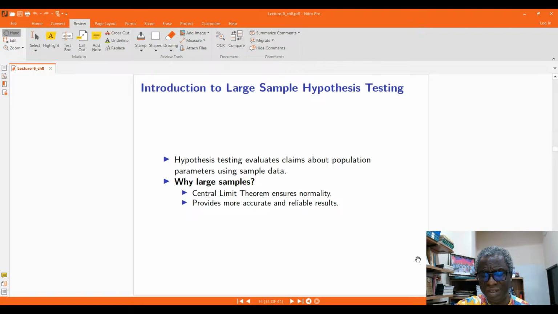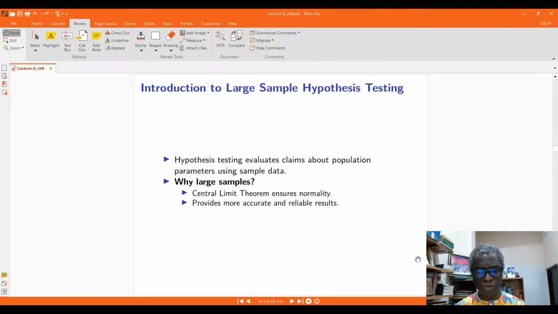The central limit theorem ensures the sampling distribution approximates a normal distribution. And this makes hypothesis testing with large samples more robust and reliable.